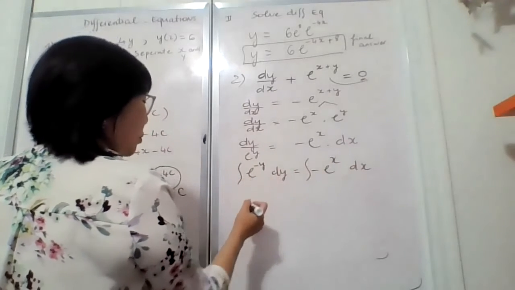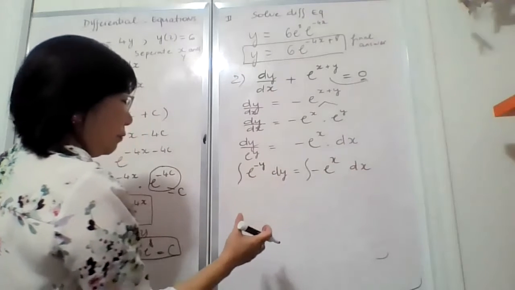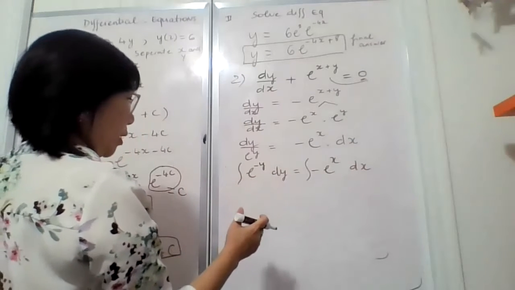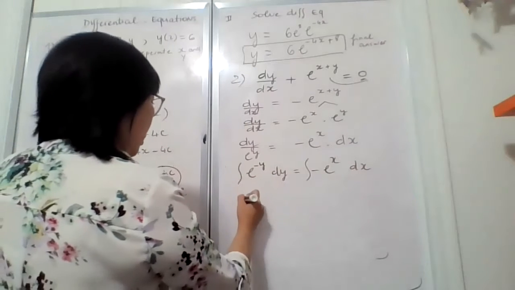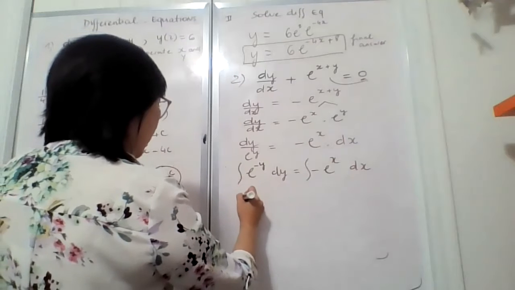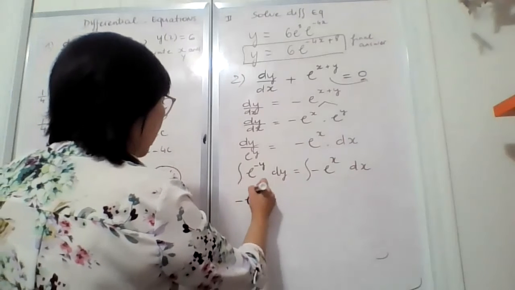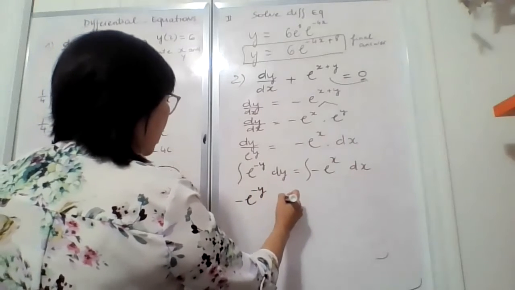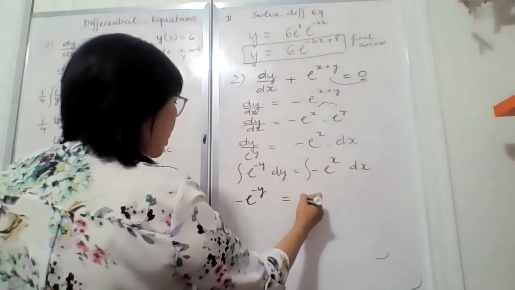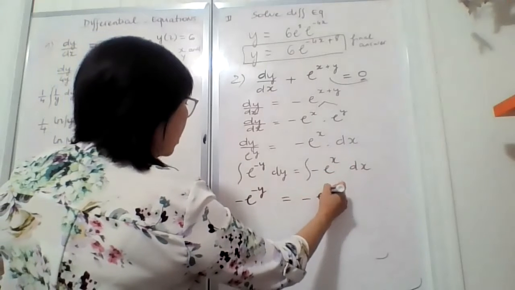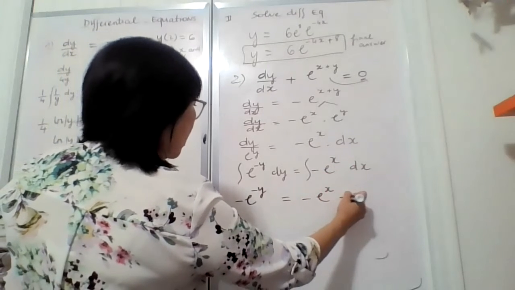The integration of e to the minus y, like an antiderivative, is the same, right? That's the formula. So it equals e to the minus y, and actually minus e to the minus y. And the integration of this is minus e to the x plus c.